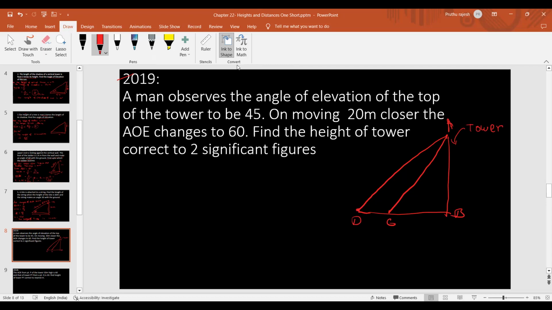Now he moves 20 meters closer to the tower. The angle of elevation at the initial point was found to be 45 degrees. Now it has changed to 60 degrees. He is asking you to find the height of this tower, correct to two significant figures. So how do we solve this sum? Let us solve it together.